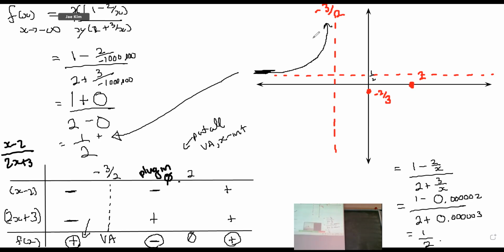So when you're saying it's positive, you mean above the x-axis and not above the horizontal asymptote. Yes. So it could be under the horizontal asymptote. Yes. As you will see. Take a look.